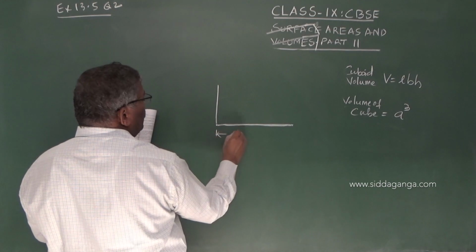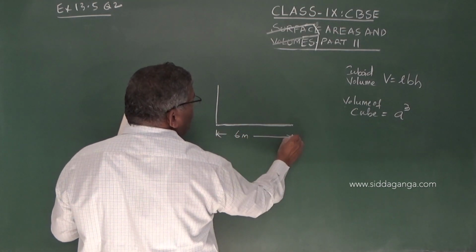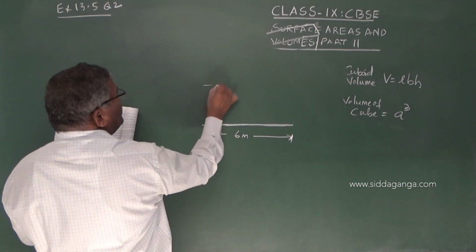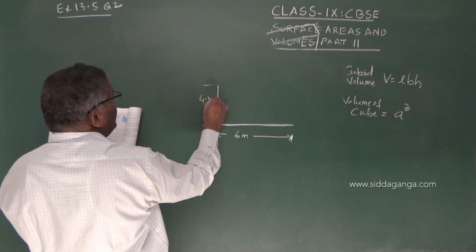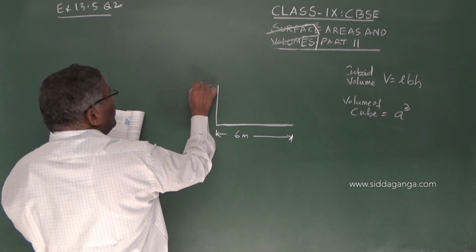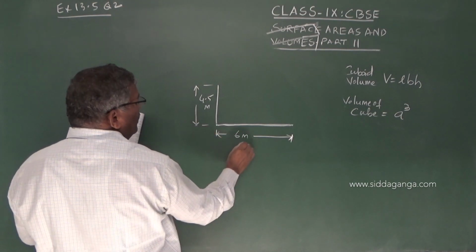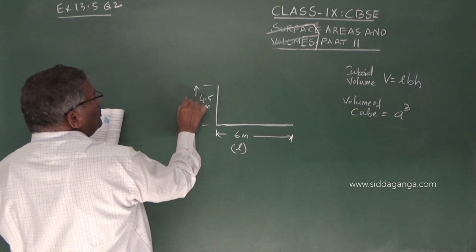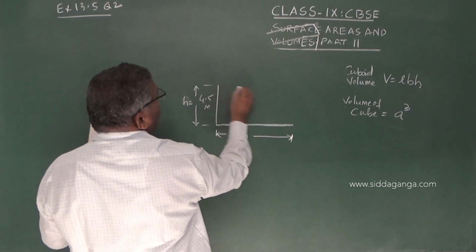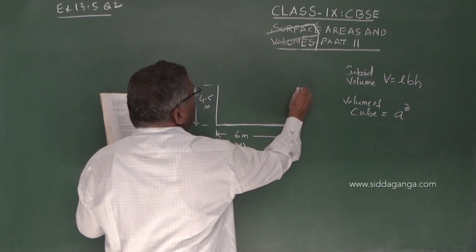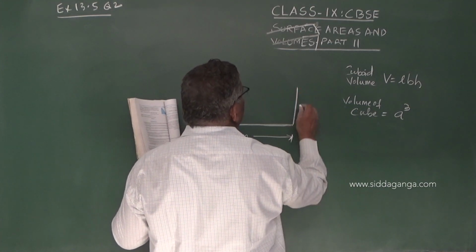So from here to here 6 meters, and height is 4.5 meters. So this is length, this is height, and breadth is like this.